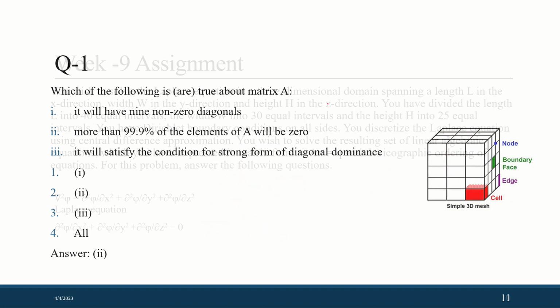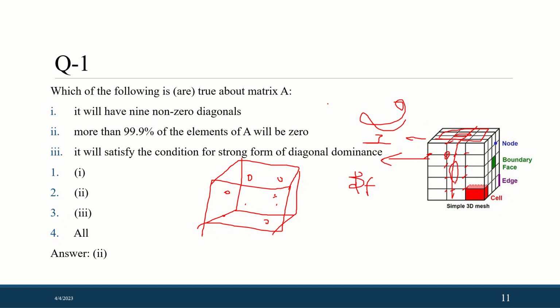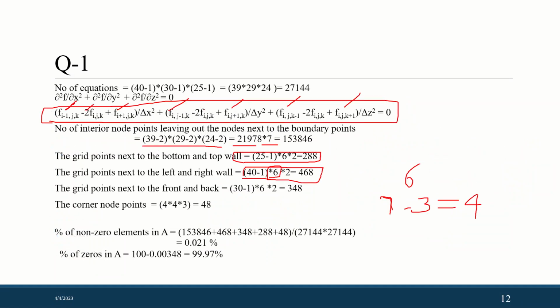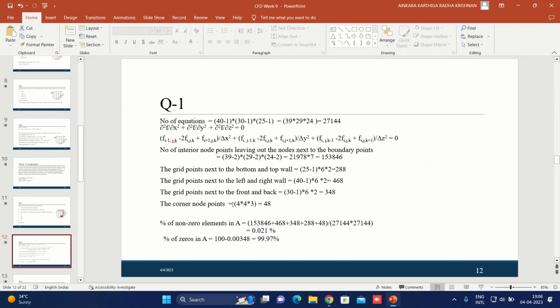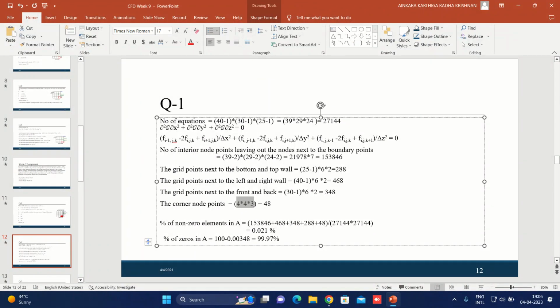I guess it would be 8, what I have written. It is 8 into 4, that is 32.